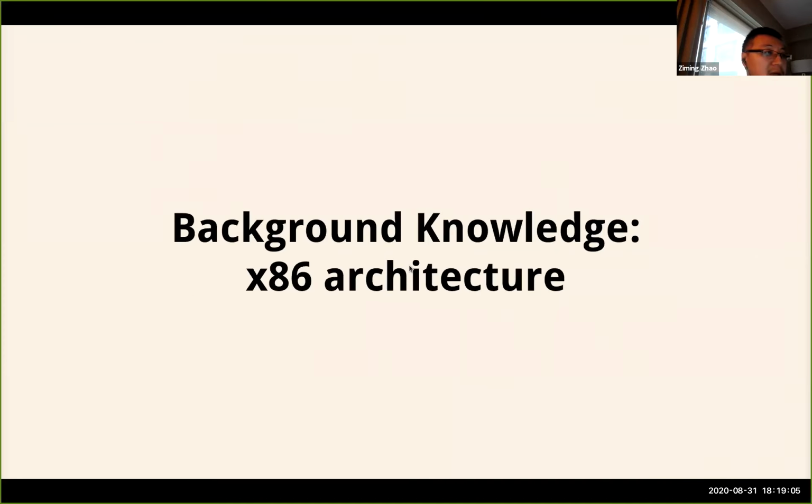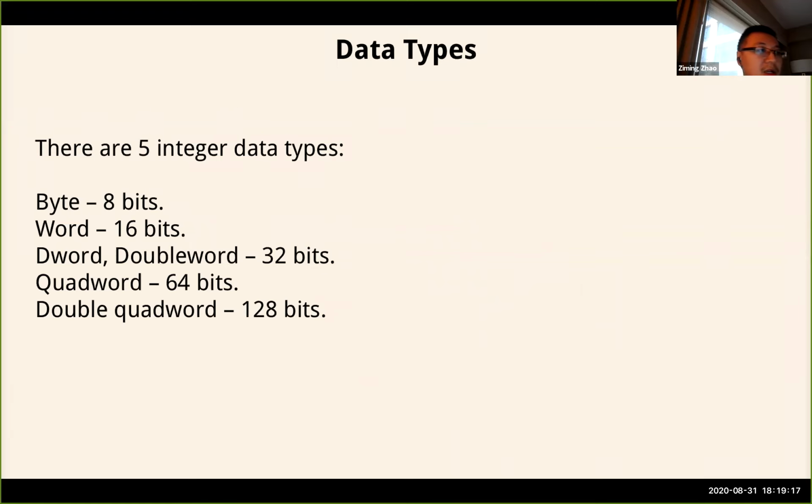Okay, next we will go through some background of the x86 architecture, which is still the most widely used architecture for laptops, desktops, and all sorts. You need to remember how big data is on this architecture. Byte is 8 bits, word is 2 bytes, D word means double word, which is 32 bits.